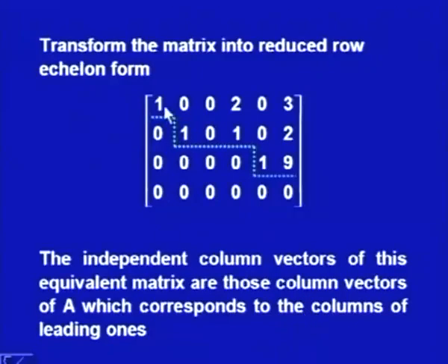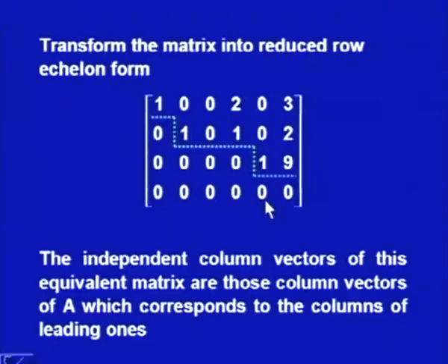That means, if this is the echelon form, then this column corresponding to this leading one and this column in which we have this leading one, this vector and this vector, they are linearly independent vectors. This vector and this vector are linear combinations. So, we have only this vector, this vector and this vector which are linearly independent.